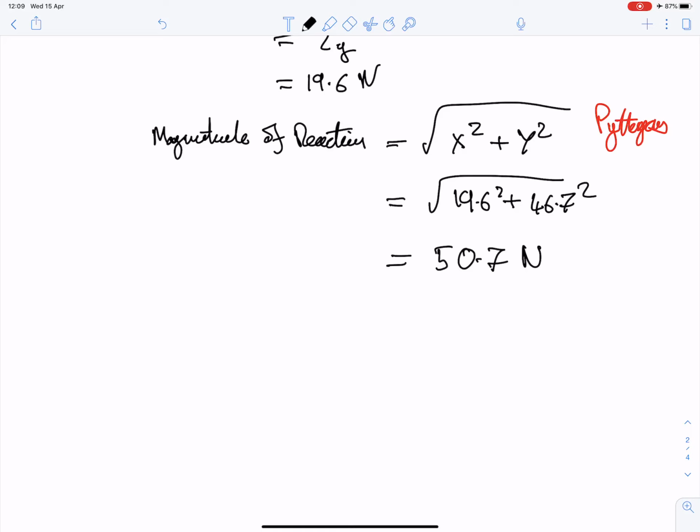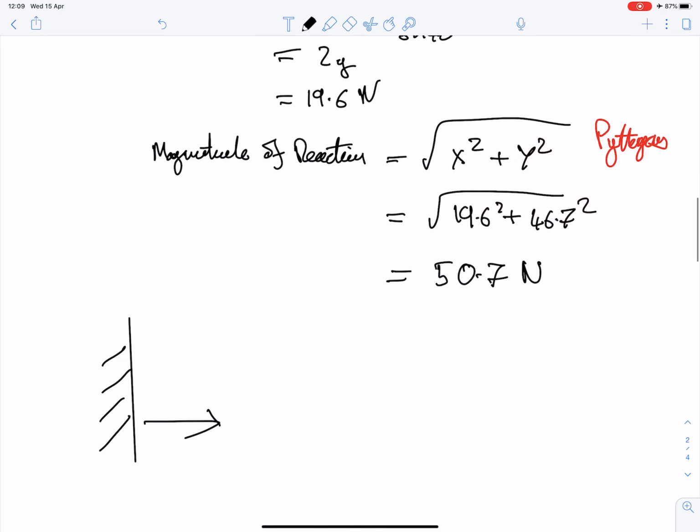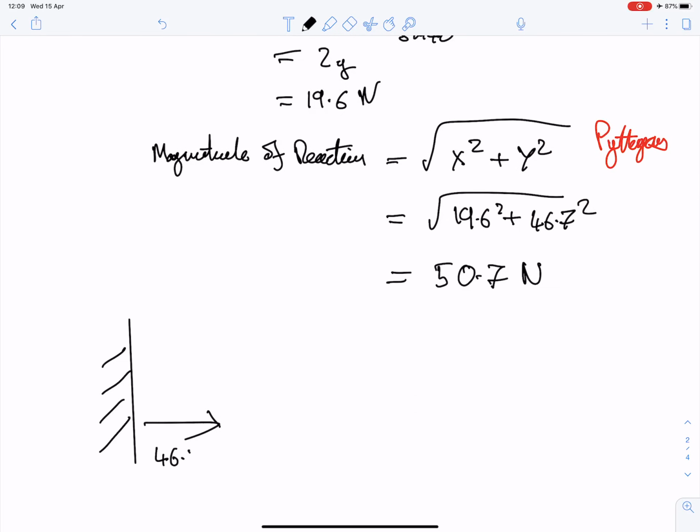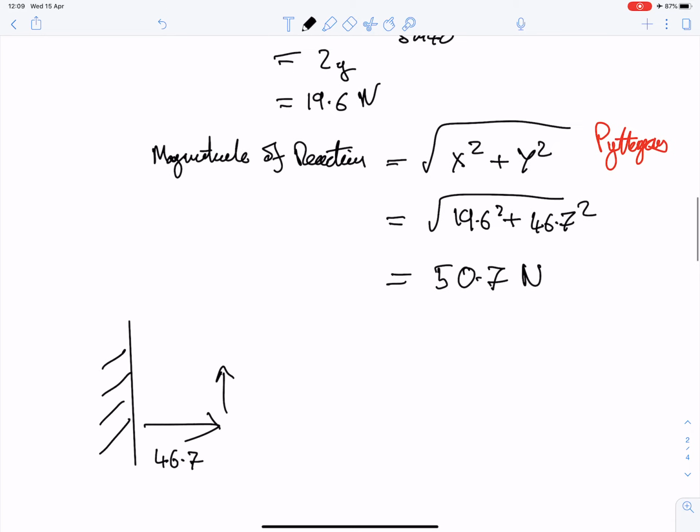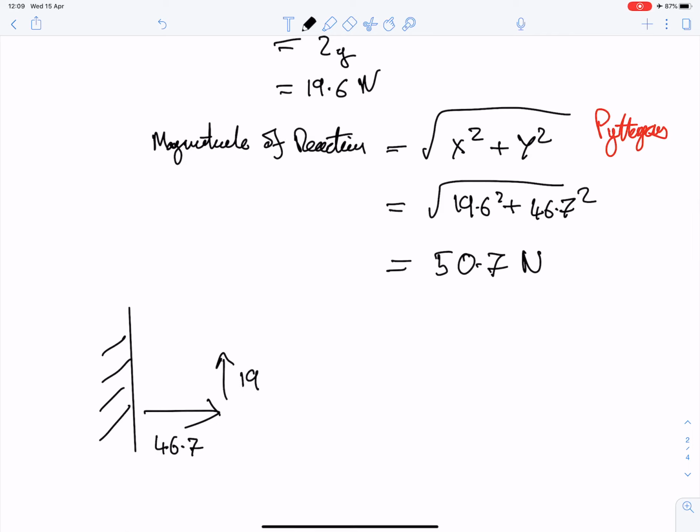The magnitude and direction. So the magnitude of the reaction is x squared plus y squared square rooted using Pythagoras. So we can just then put those in.